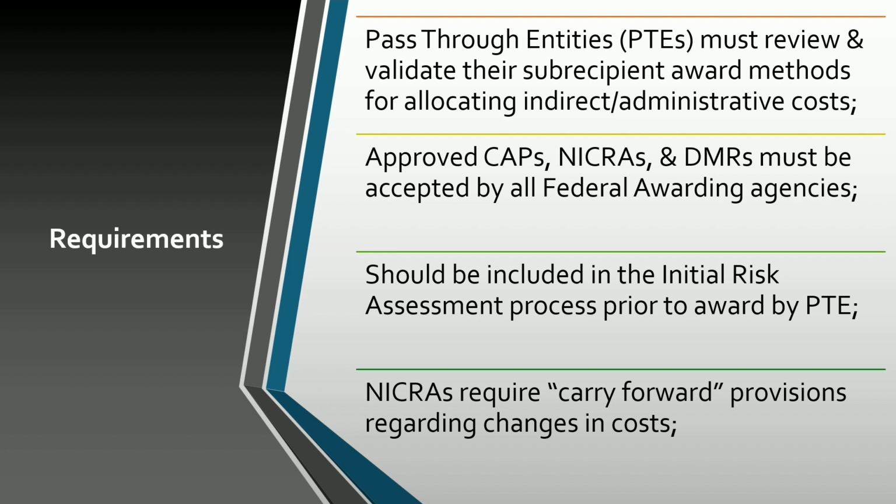And when I was grant officer, if you said you wanted to go to de minimis, I would actually issue a modification so that you have a document saying DOL has approved us using de minimis. Just like you have an approved indirect cost rate, you have that document, right? It's got to be part of your initial risk assessment.